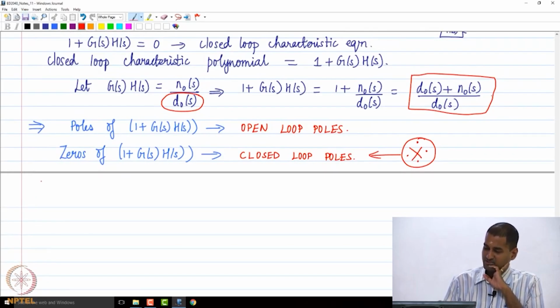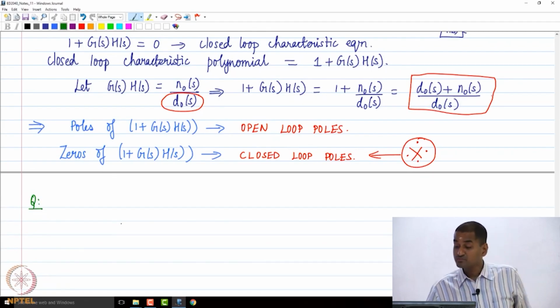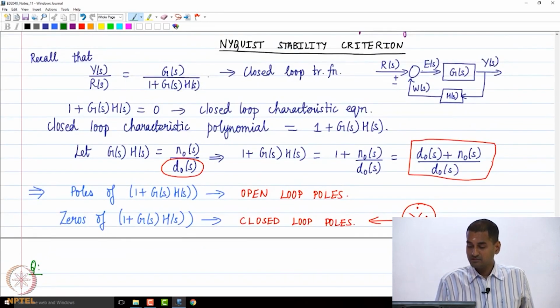Now, please remember this terminology. Why should they be closed loop zeros? No, but 1 plus G(s)H(s) is the denominator of the closed loop transfer function, right? I am extracting it, that is why I am doing it carefully, step by step.